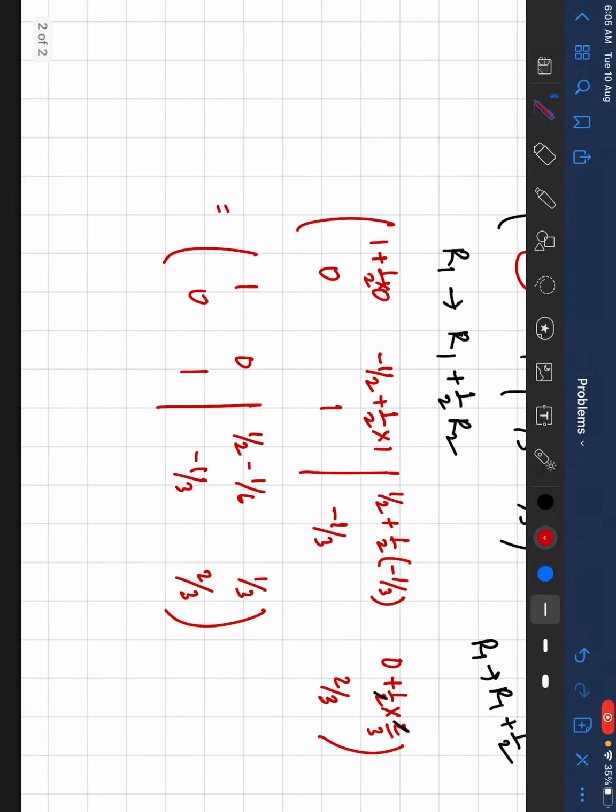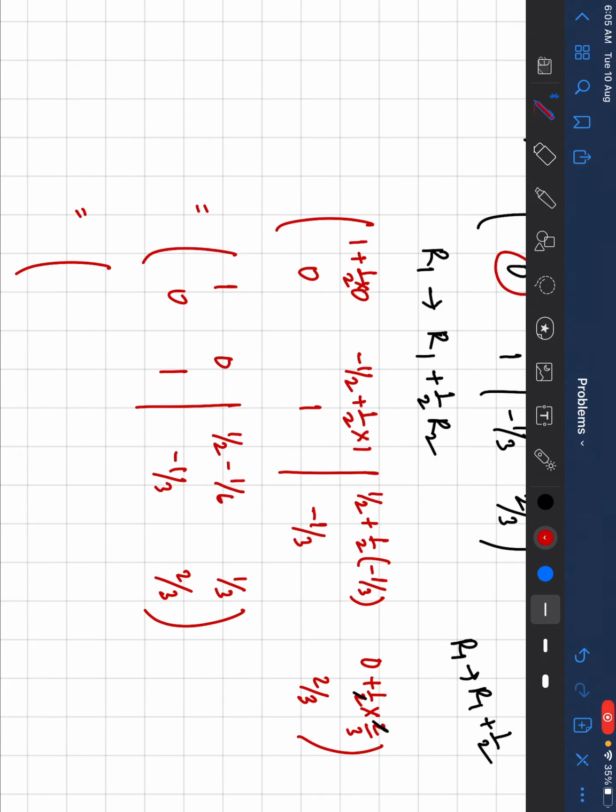Let us write it nicely: 1 0 0 1. So 1 by 2 minus 1 by 6, if we take LCM, it's coming out to be 1 by 3. So 1 by 3, 1 by 3, minus 1 by 3, 2 by 3.